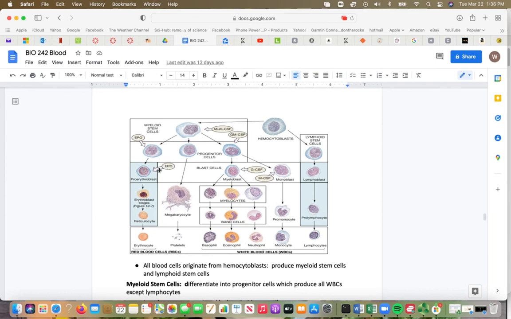In here, these are the little chemical signals that determine which one you need to make. The myeloid stem cell is waiting to find out what it's going to be when it grows up. It's waiting for some of these chemical signals to come along, and when EPO comes around, it says you need to become a red blood cell. All of those blood cells originate from the hemocytoblast.